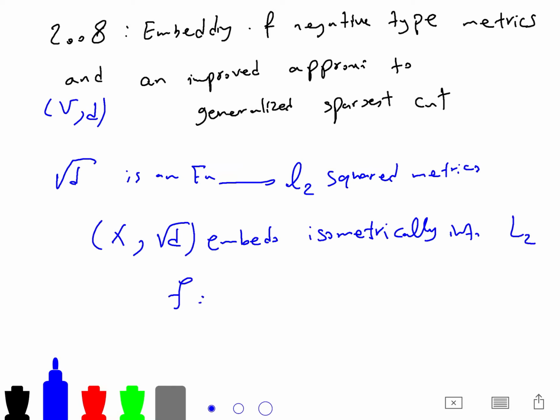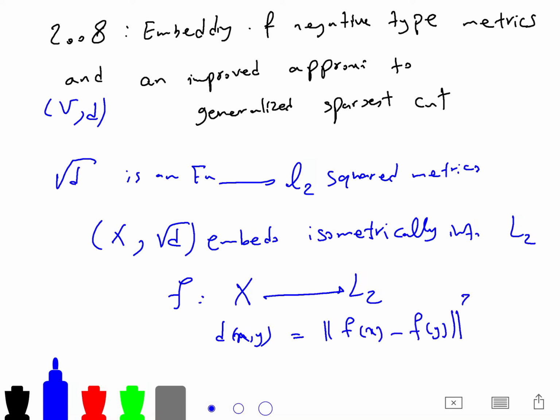Because it is an isometric embedding, the distance between X and Y becomes equal to this squared.